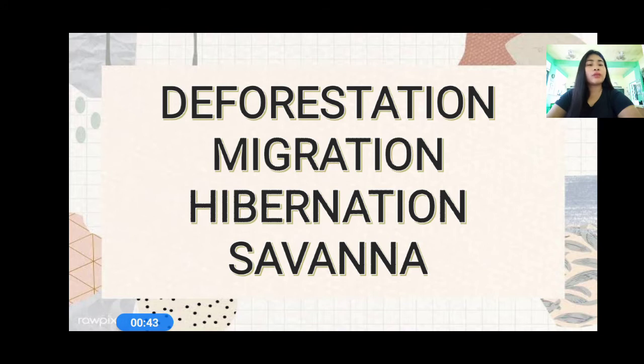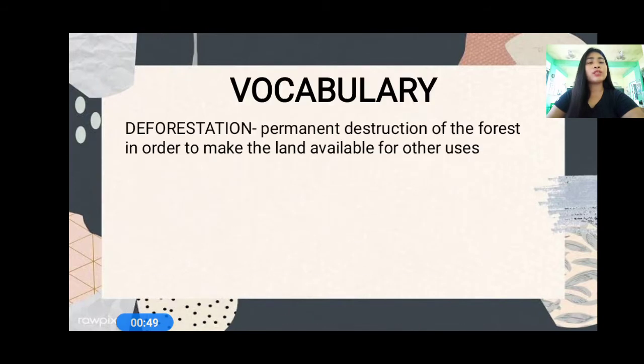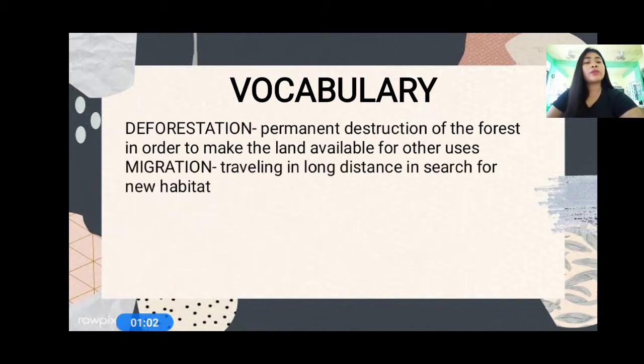Now, do you know the meaning of the words? Okay, so let us know the meaning of the words, everyone. When we say deforestation, this is the permanent destruction of the forest in order to make the land available for other uses. That is deforestation. Do you understand? And when we say migration, traveling in long distance in search for new habitat.